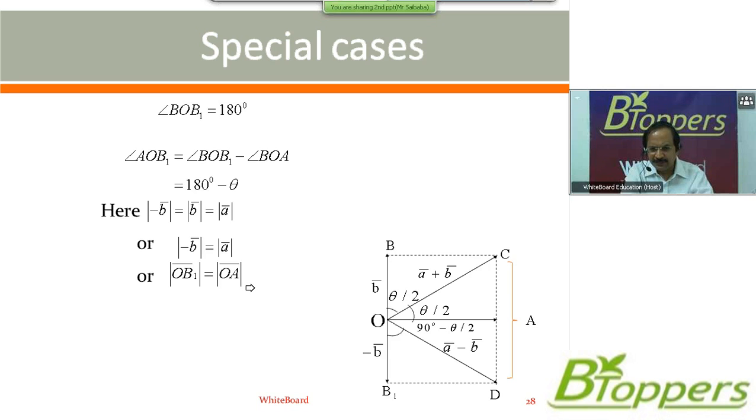In general, if two vectors having the same magnitude have different lines of action, then their vector sum or resultant bisects the angle between the two vectors. So here OADB1 is a rhombus. Modulus of vector OB1 bar is same as modulus of vector OA bar.